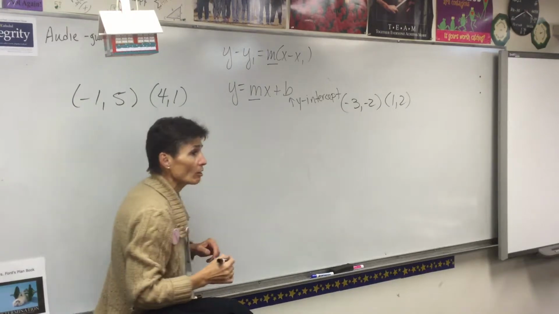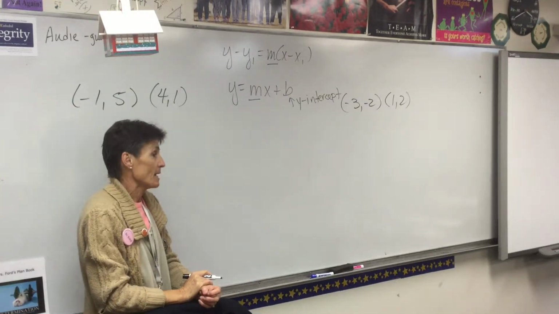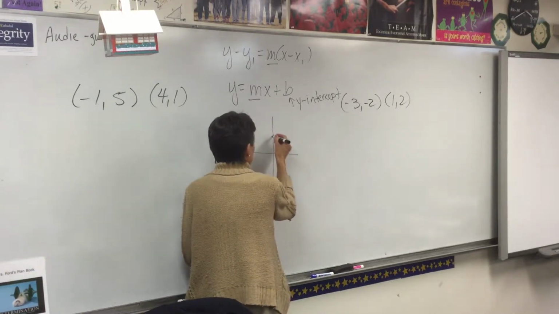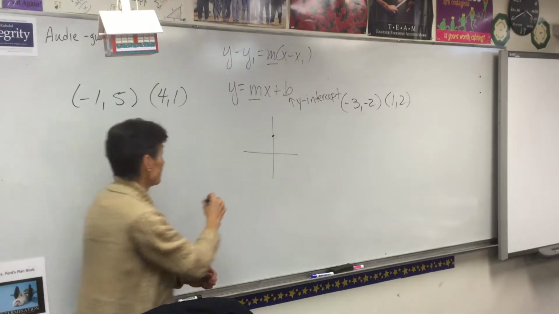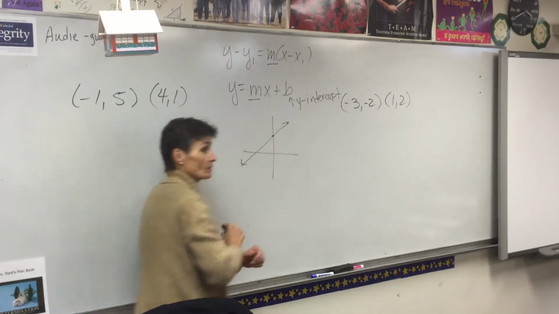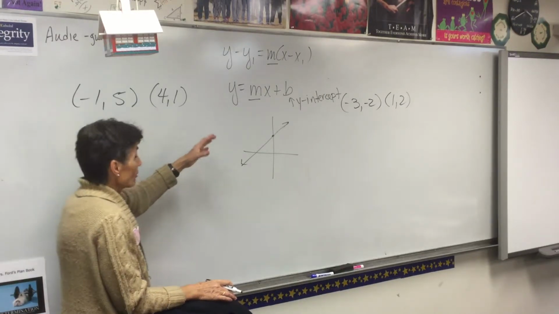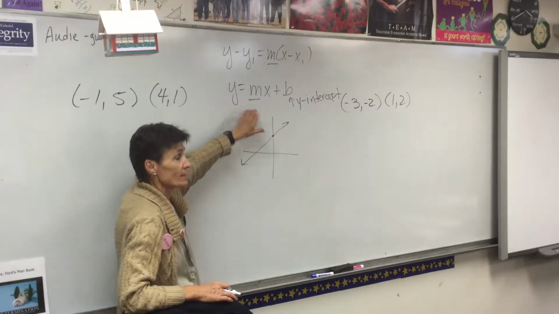Now, if we are graphing the equation, it is awesome to have the y-intercept because you remember the y-intercept is the point on the y-axis, right? Where the line crosses, right? So our job now is to make our equation. We're going to take these 2 points and we're going to write the equation of the line using this format.